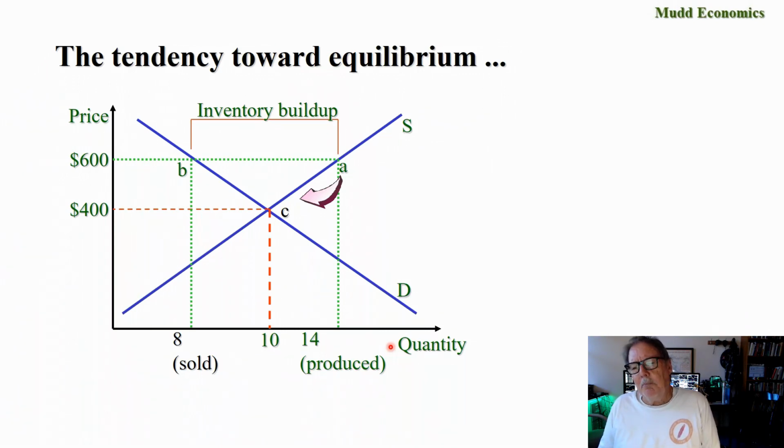And normally the model suggests that if there is a price in operation that is no longer the equilibrium market clearing price, such as for whatever it is we're representing here, $600, if that price is too high, as is shown here, then you can tell that the quantity demanded represented by B, which is only, say, 8 million, is far less than the quantity being supplied, which is represented by A, which may be, say, 14 million.